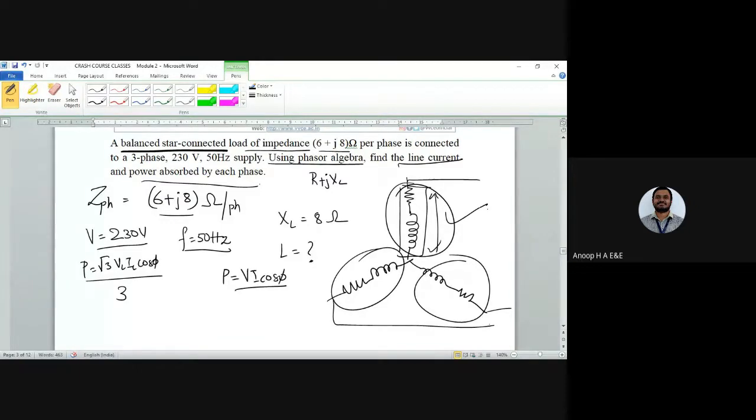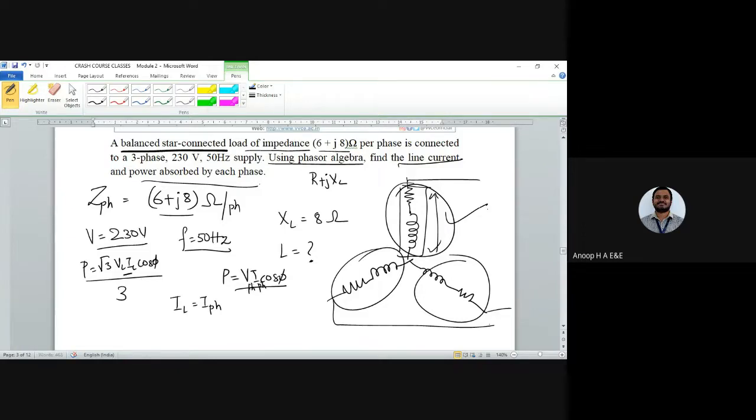Okay. So you can find out the relevant equations using the phasor algebra. We'll be finding out what is the line current. Okay. So it is a star connection. A line current would be equal to phase current here. Okay, so line current would be equal to phase current, and this value here is VPH and IPH.